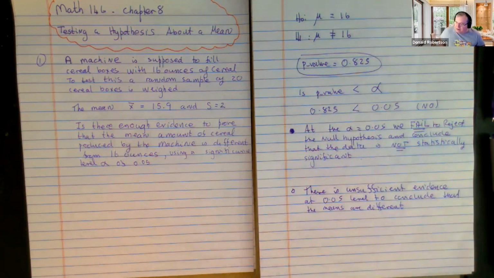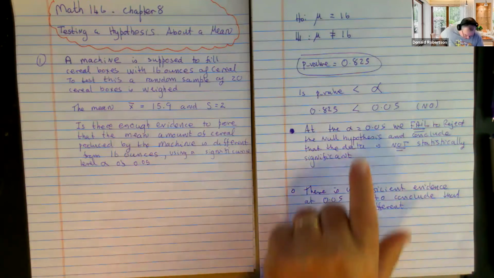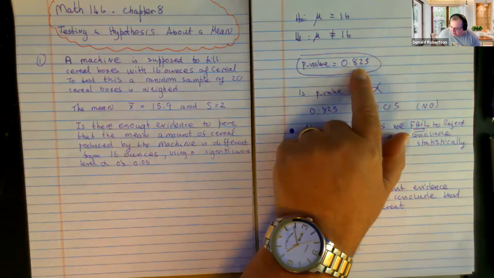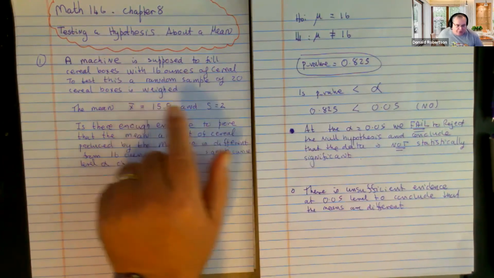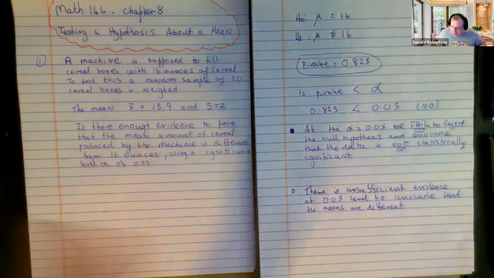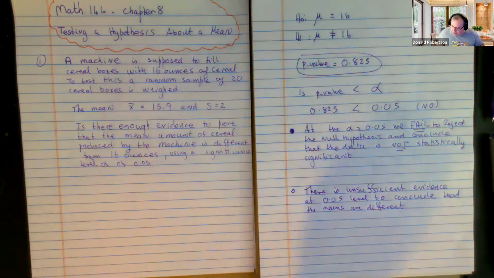You could get that. Will we come to a different conclusion? Right now, would you agree that the p-value is ridiculously big? So if I was in that factory, I'd be saying to my boss, yep, the machine is fine. Keep pumping out the cornflakes.